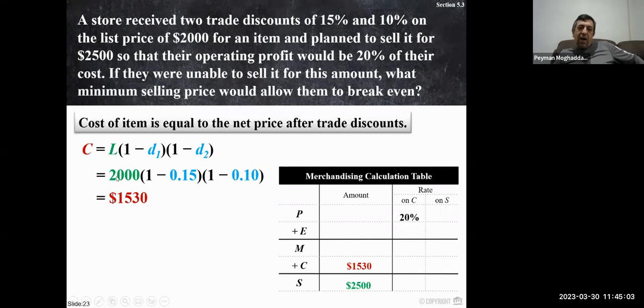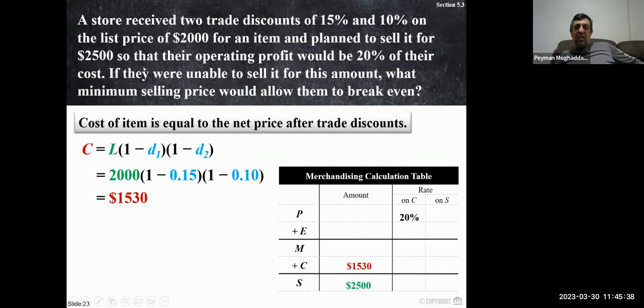That's the cost. And now for this cost, if they sell it for 2500, they get 20% profit. The operating profit is going to be 20% of the cost. So 20% of this cost is going to be profit if they sell it for 2500.